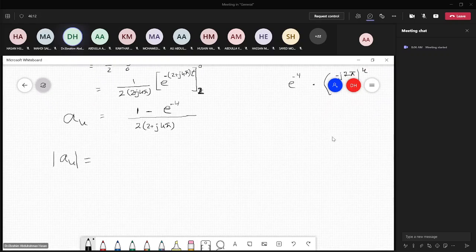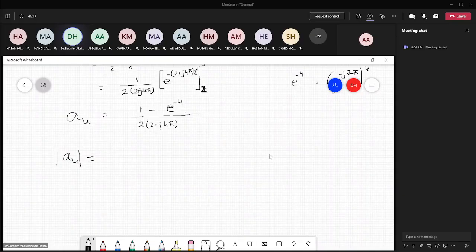Okay, so then magnitude of numerator is equal to 1 minus e to the power of minus 4, this is real. Magnitude of 2 is 2. Magnitude of this one, this is x plus jy, so then under root x squared, which is 4, plus k pi all square.